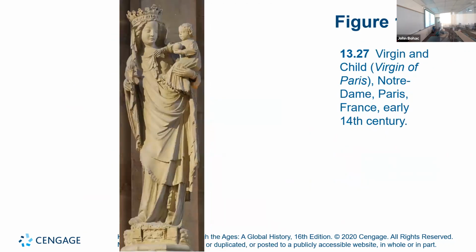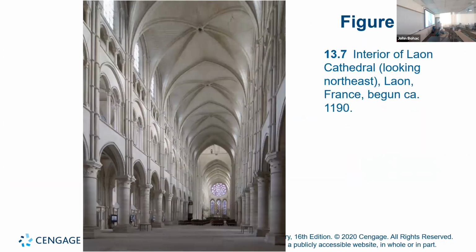And when you're inside these, a more majestic feeling, not so much as they talked about with Romanesque, where everything was heavy and it seemed like it was real solid. Light, airy, and gives you a sense of space all the way up into the heavens.